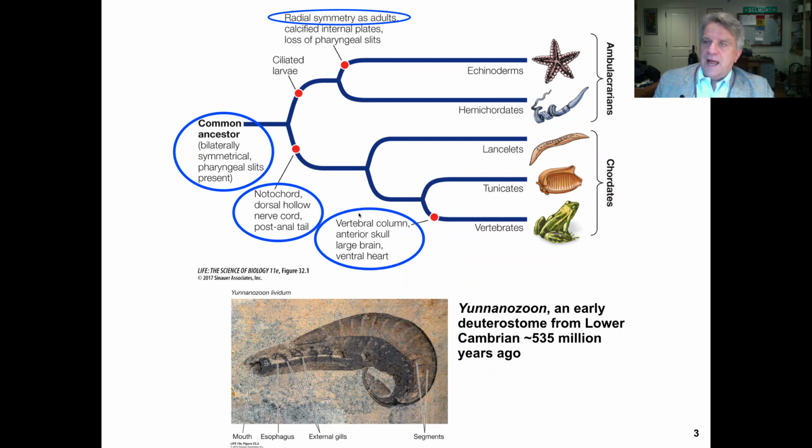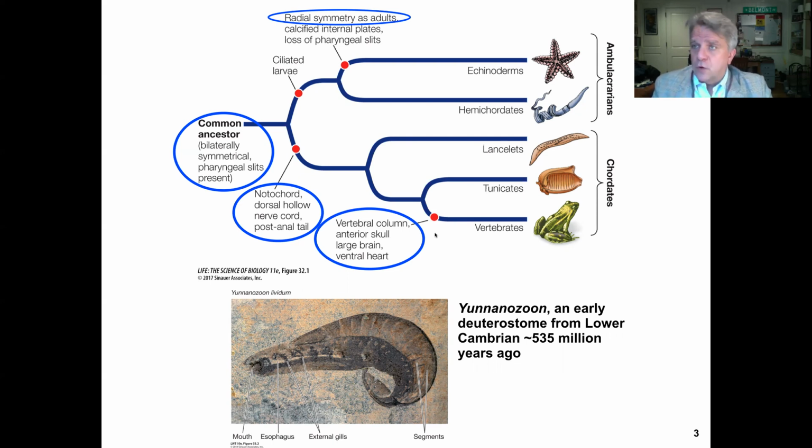Now, if we look at the other major clade of the deuterostomes, these are the chordates. And indeed, this is the clade in which the vertebrates are resolved. So all chordates have a notochord, a dorsal hollow nerve cord, and a postanal tail. And as we get to more of our part of the tree of life, where we as humans reside, vertebrates have a vertebral column, an anterior skull, a large brain, and a ventral heart.